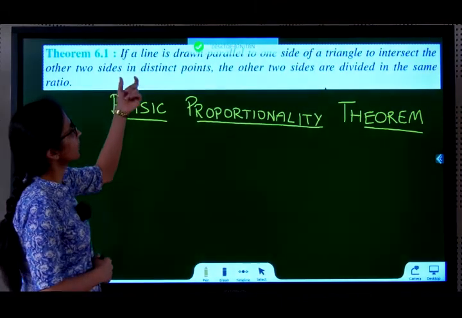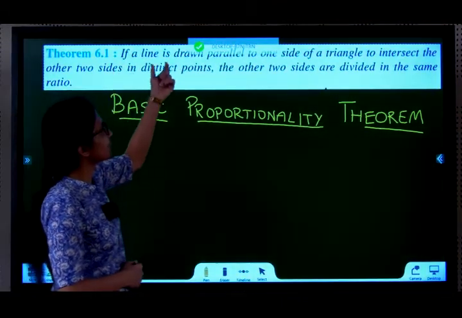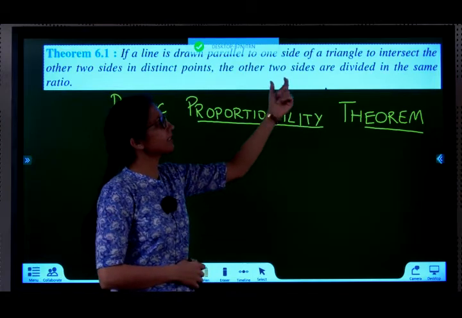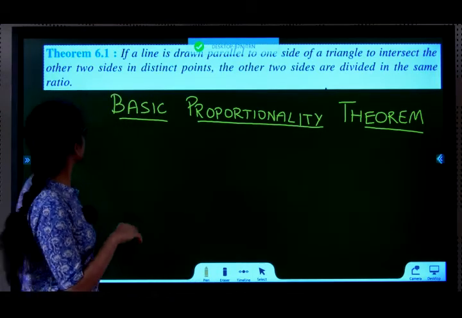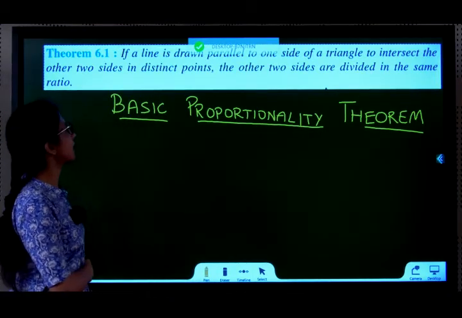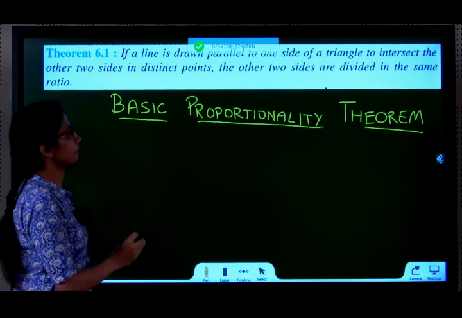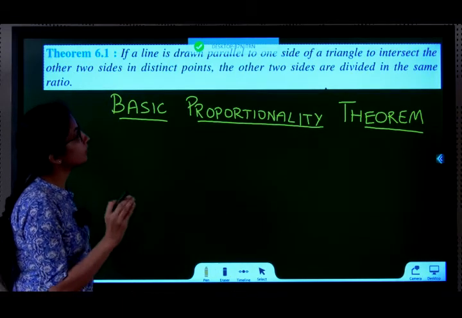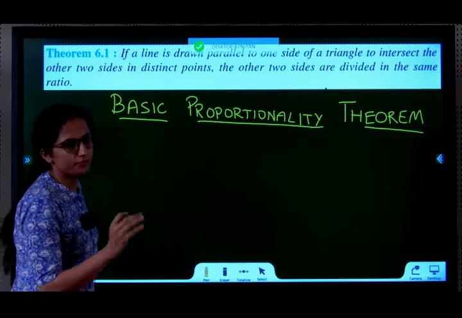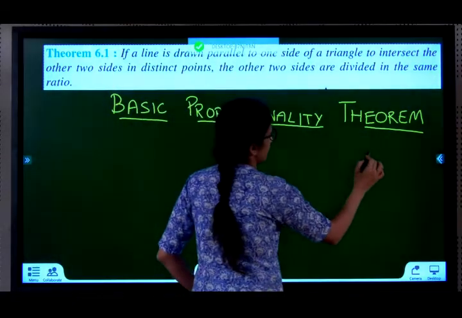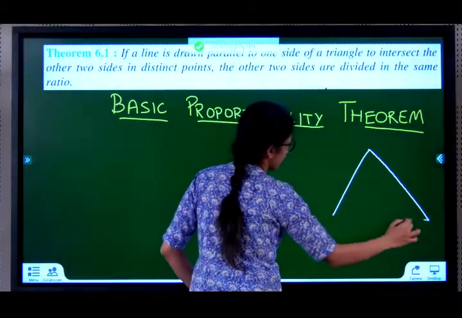Theorem 6.1. If a line is drawn parallel to one side of a triangle to intersect the other two sides in distinct points, the other two sides are divided in the same ratio. Let's just follow the statement.